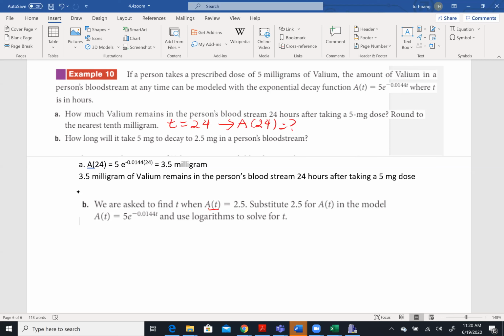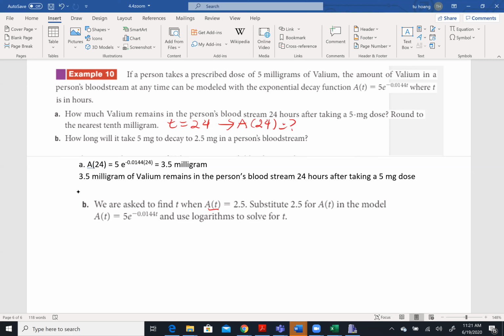And you're going to substitute 2.5 into the model and get A(t) equal to 5 times e to the negative 0.0144t. This one is a very good example, so focus on this.